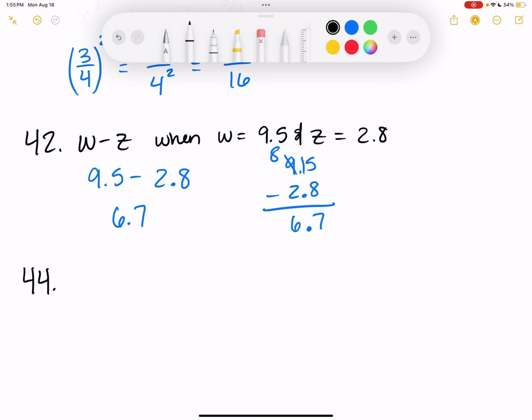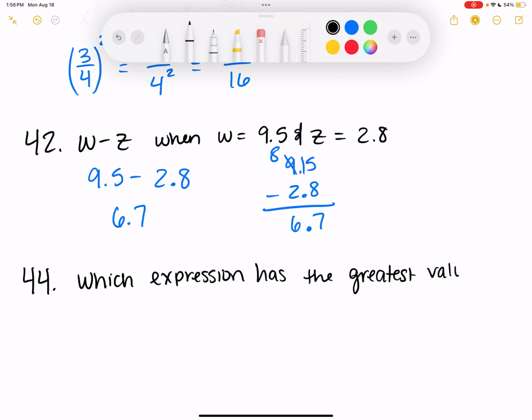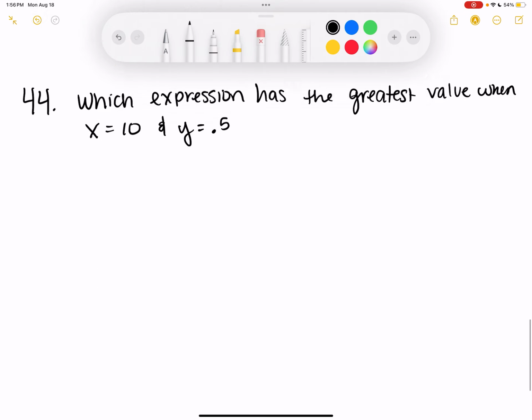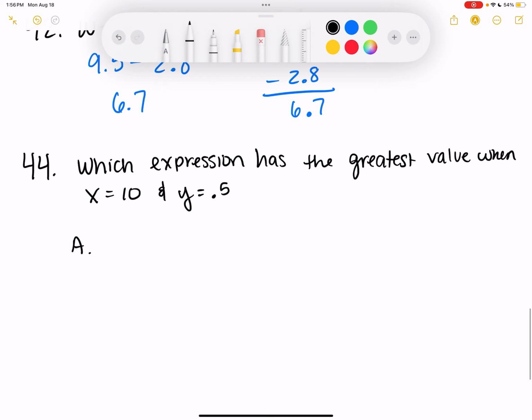This is a multiple choice question, so it says, which expression has the greatest value when x equals 10 and y equals 0.5, and they want to know, if it's A, which is x times y, if it's B, which is x minus y, C, which is x divided by y, or D, y divided by x.